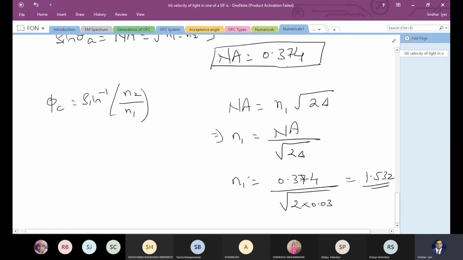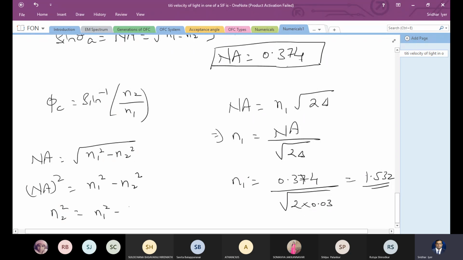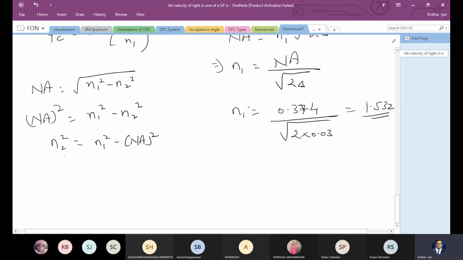But to calculate phi c, we also need n2, and I know that Na is root of n1 square minus n2 square. So if I square both sides, Na square is n1 square minus n2 square, and from here I can calculate n2. So n2 square will be n1 square minus Na square. Therefore, n2 will be root of n1 square minus Na square.